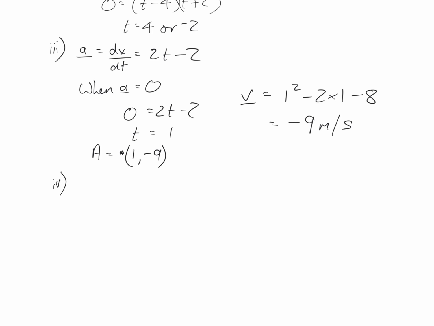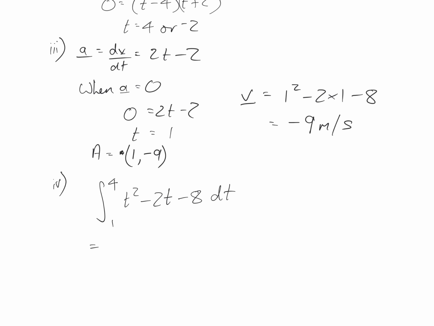Part 4. Calculate the distance travelled by the insect from t equals 1 to t equals 4. So for the distance we're going to integrate from 1 up to 4 t squared minus 2t minus 8 dt, because we want area. From 1 up to 4 it's all going to be negative, so we're going to get a negative answer.